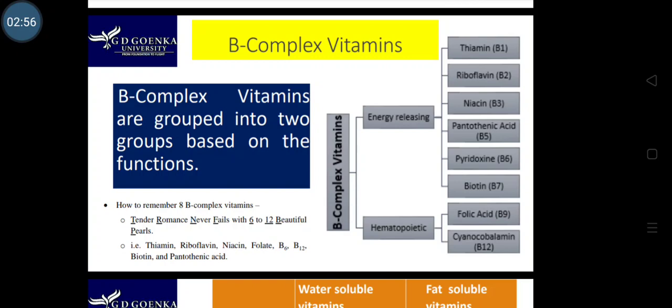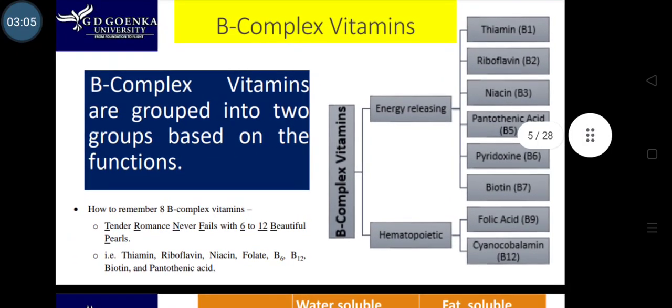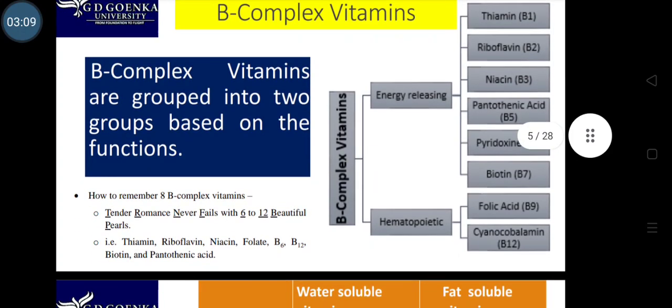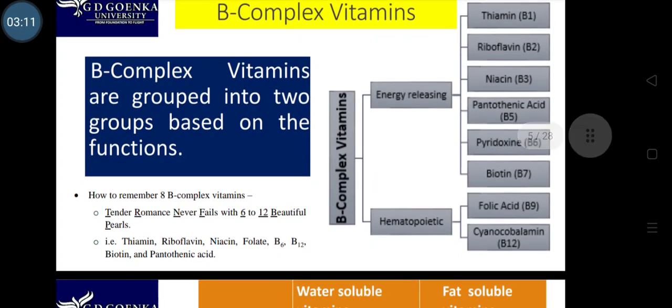The energy releasing vitamins are basically B1 thiamine, riboflavin which is B2, niacin which is B3, pantothenic acid, vitamin B5, pyridoxine, vitamin B6, biotin, vitamin B7.